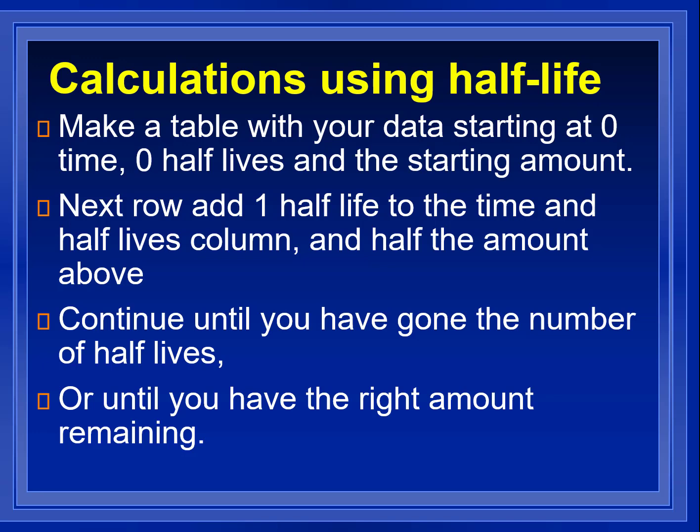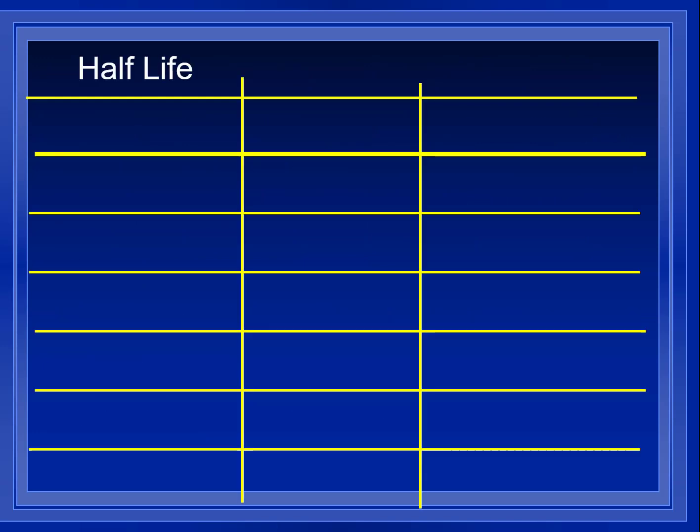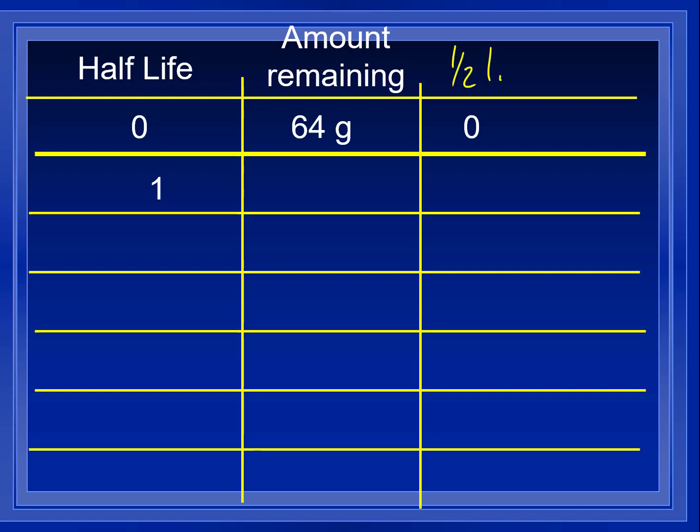Okay. So suppose we had something that had a half-life of 10 seconds. So this is supposed to be time, sorry. And the half-life of this is 10 seconds. What would my table look like?